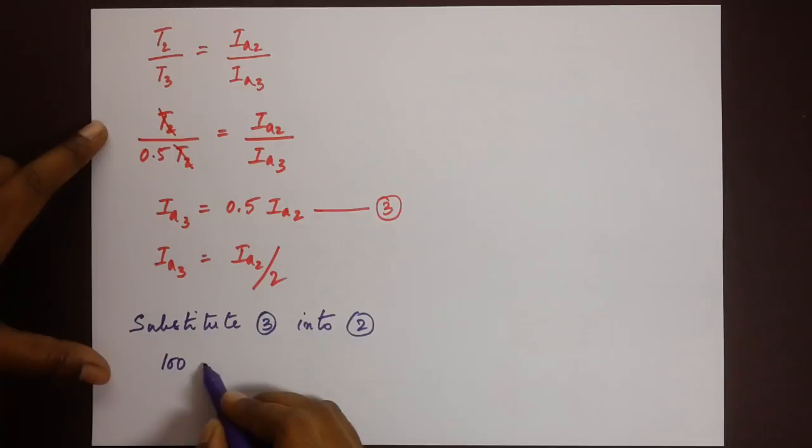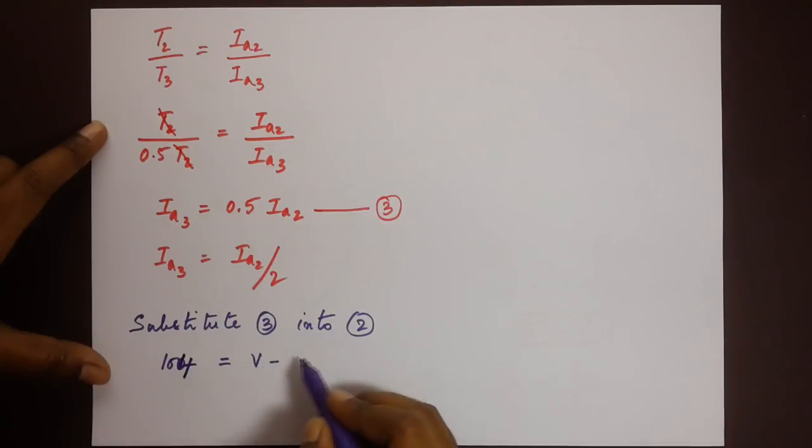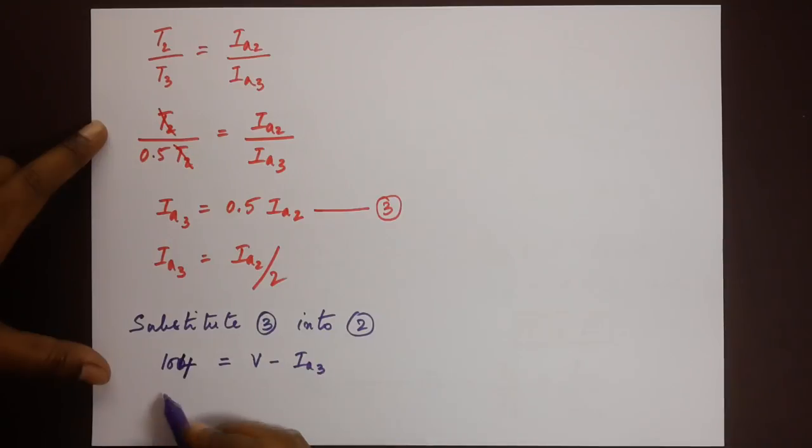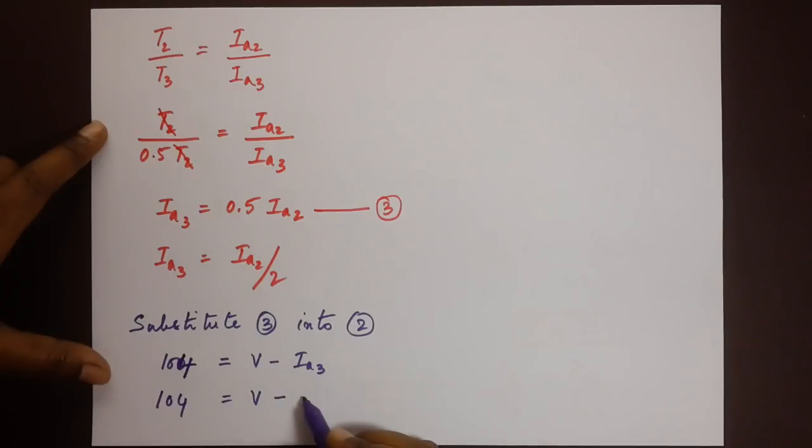So we would now have 104, sorry, my bad, 104 is equal to V minus IA3. This is our second equation. So now when we substitute, 104 is equal to V minus 0.5 IA2. Let's call this equation 4. Now we have our first equation and the fourth equation in only two unknown variables, V and IA2.